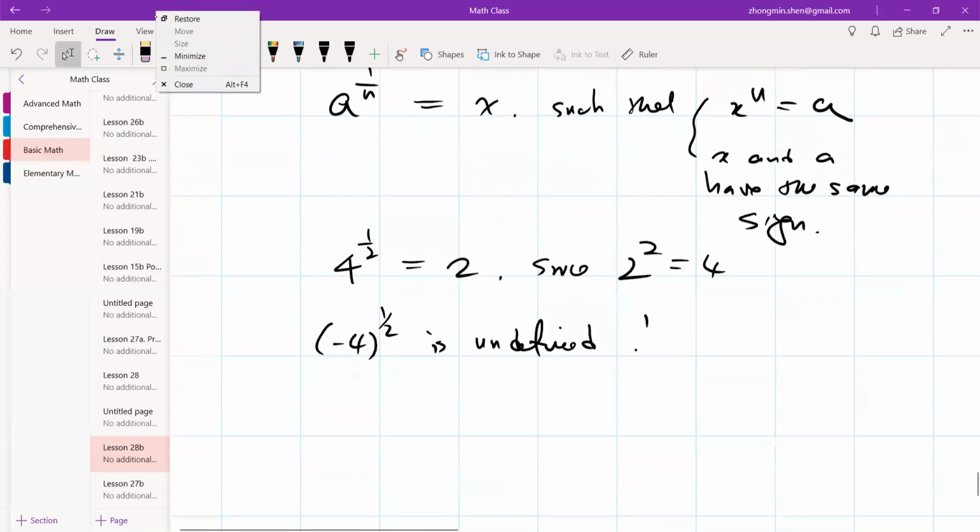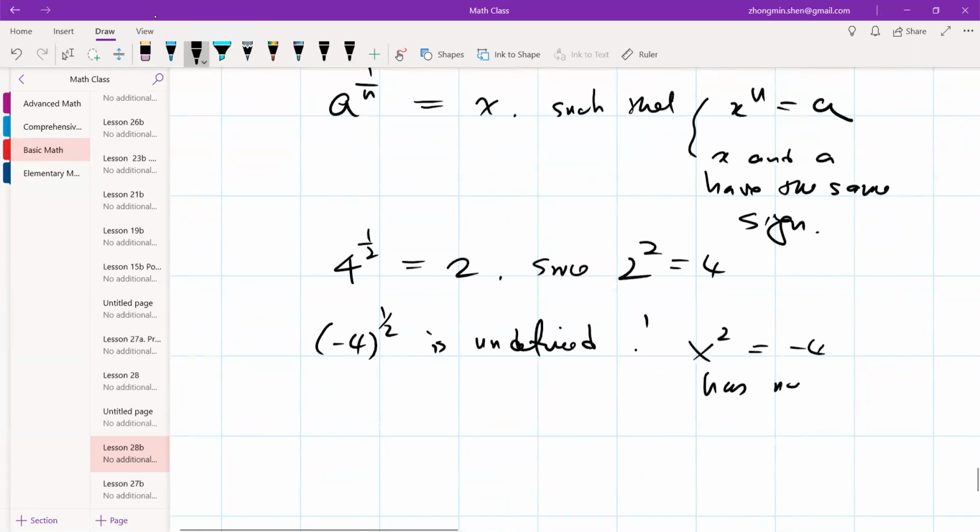The reason is, no matter which number you use, x squared equals negative 4 has no solution, because a square cannot be negative for real numbers. No real solution. Of course, later on you're going to study complex numbers, then it could be possible. But x squared equals negative 4 is impossible for real numbers, so it's undefined, okay?